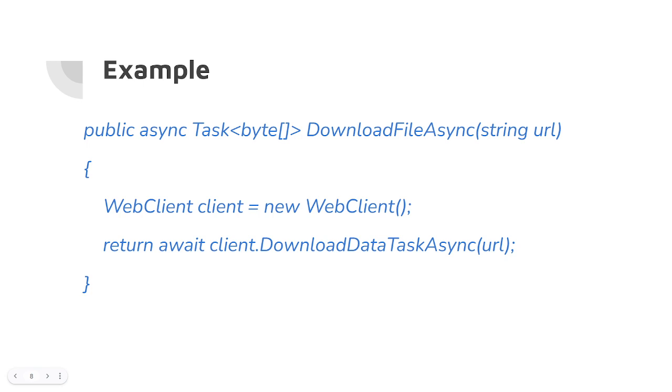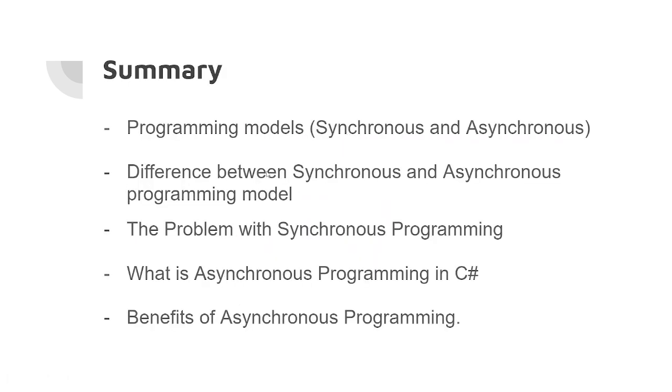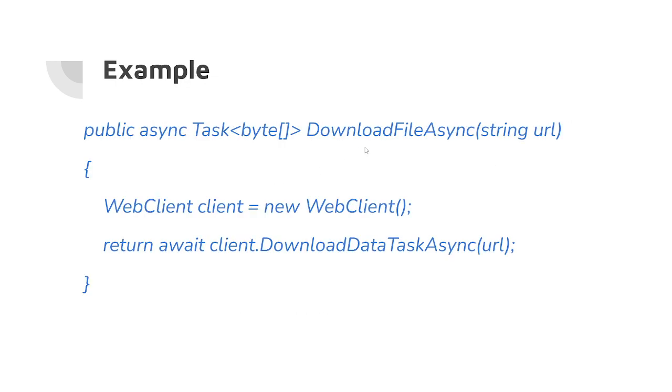The await keyword is used to asynchronously wait for the completion of the DownloadDataTaskAsync method. When this method completes, the byte array containing the downloaded data is returned as a result of this method, DownloadFileAsync.